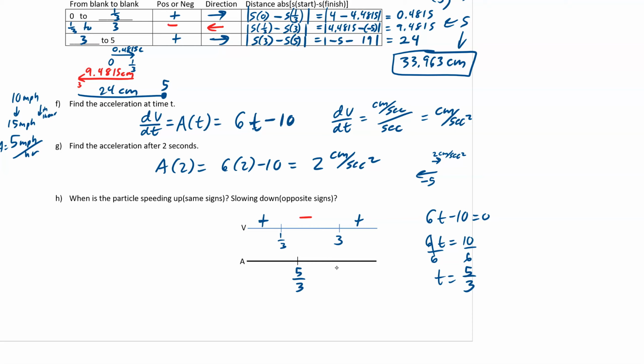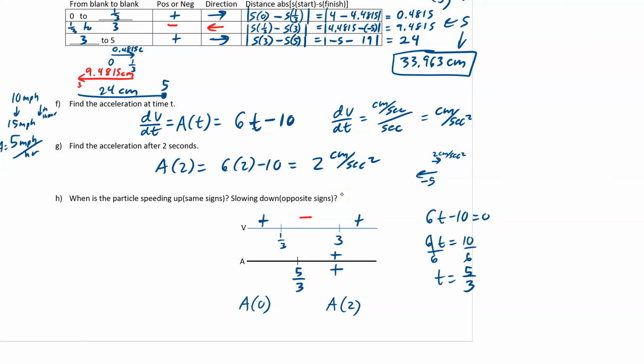And what that means is it's going to change from a negative to a positive, or a positive to a negative. That's what it means. So we need to plug in a number over here. So acceleration at 0, and then acceleration at 2. We've already done that. At 2, we got a positive.